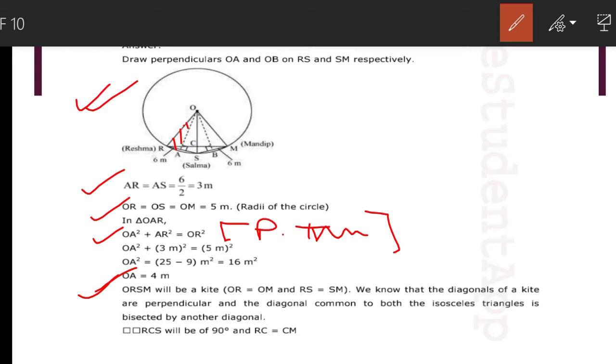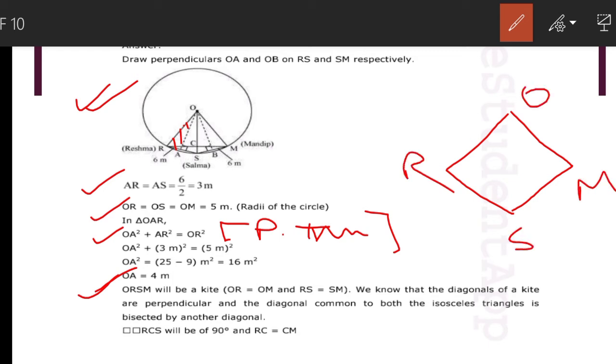ORSM will be a kite. So ORSM, the quadrilateral, is somewhat like this. Here is O, R, S and M. It is a quadrilateral and it forms a kite. We know that the diagonals of a kite are perpendicular, and the diagonal common to both the isosceles triangles bisects the other diagonal. So RM is one diagonal and OS is the other diagonal.